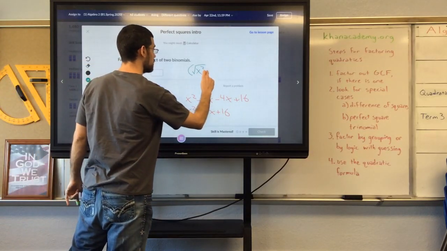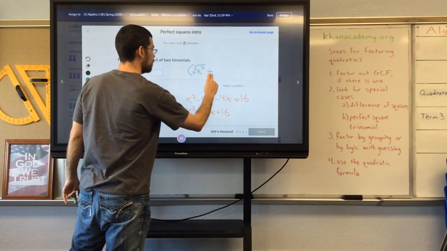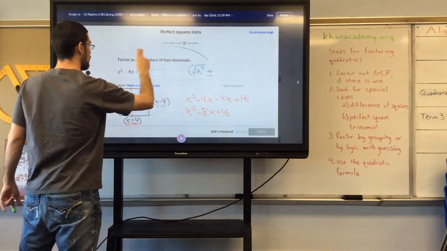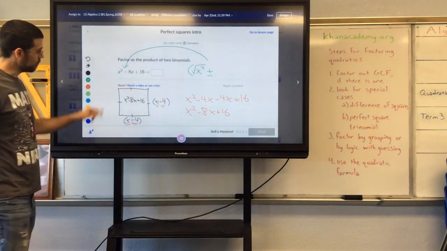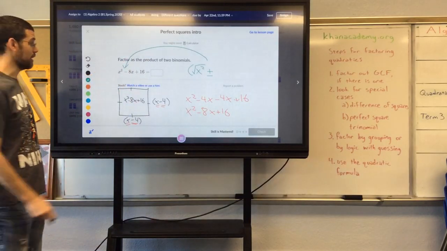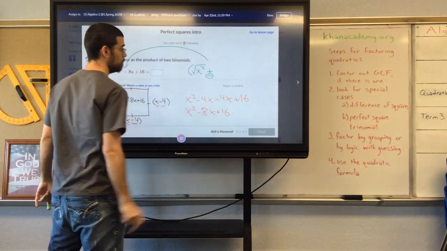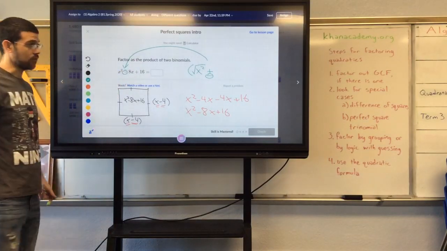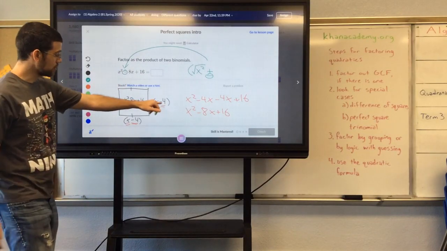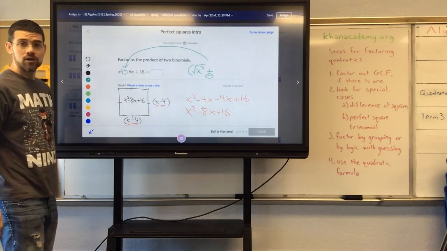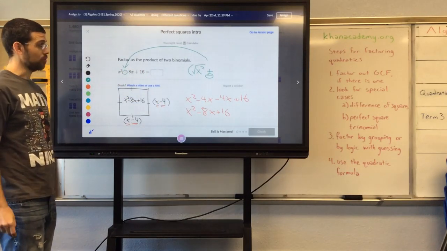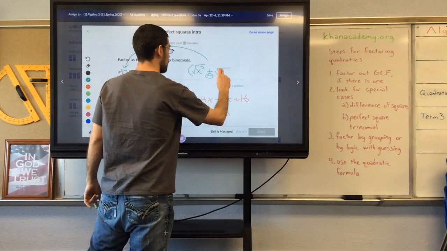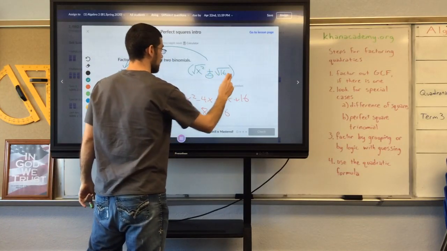So this is either going to be plus or minus, which comes right out of whatever that sign is. That's the one you pick. In this case, we picked a negative because we saw we had a negative. And then the last term was the square root of whatever our final term was in the original expression. So that was the square root of 16 in this case.